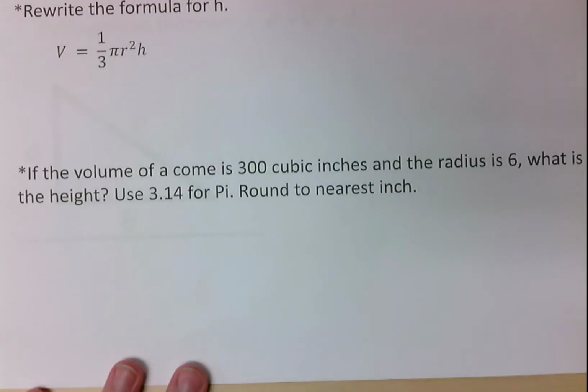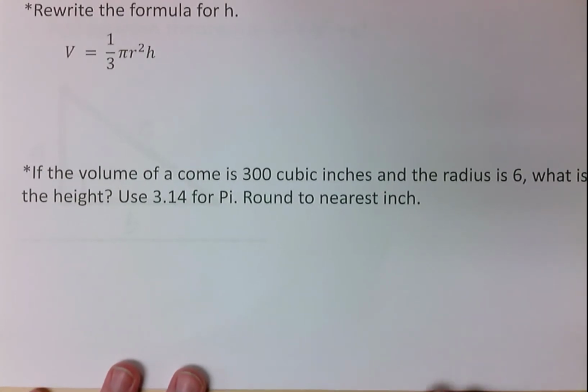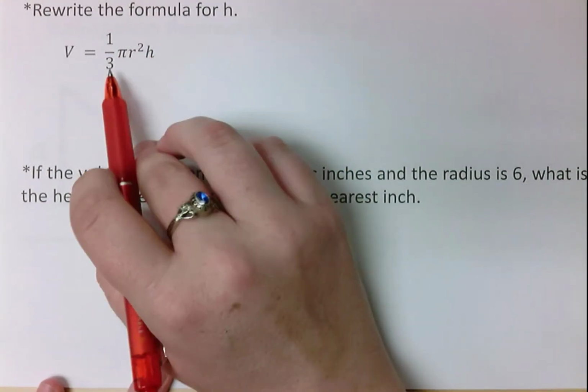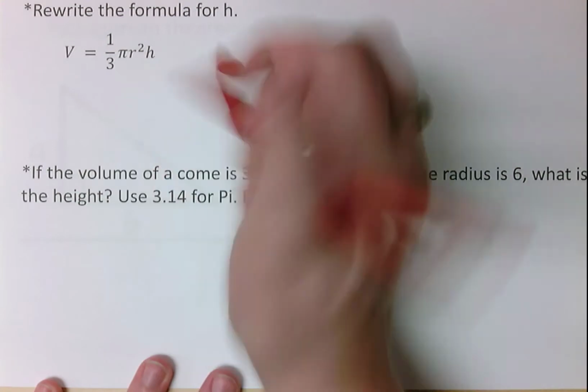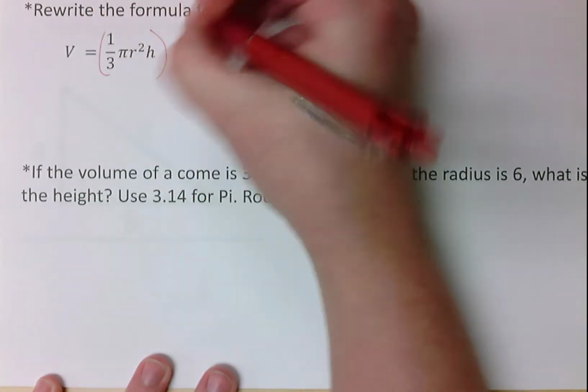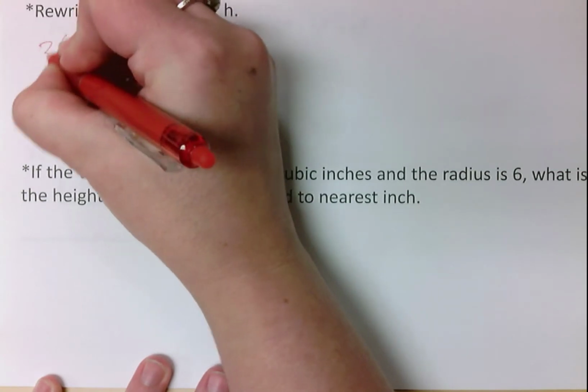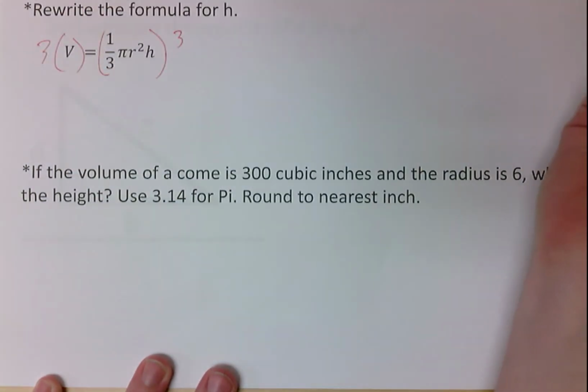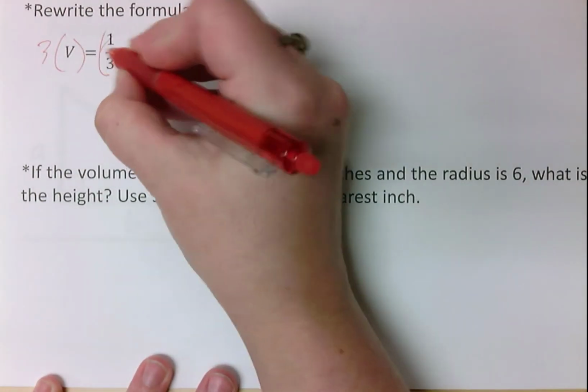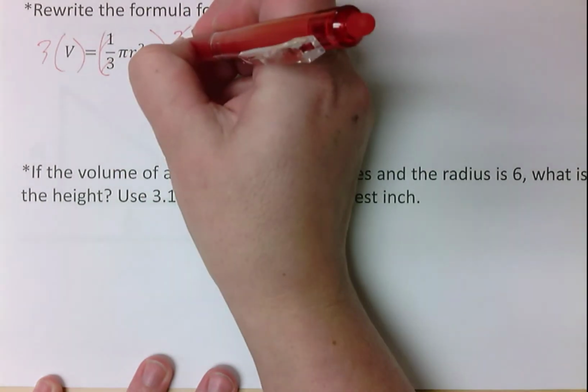All right, so let's look at another one. All right, so remember we talked about when we have a fraction, we can multiply by its reciprocal to get rid of that fraction. So I'm going to multiply by 3, which is the reciprocal of 1/3. That cancels out my fraction over here.